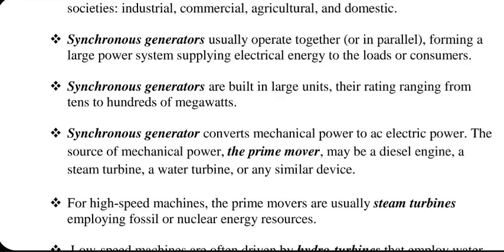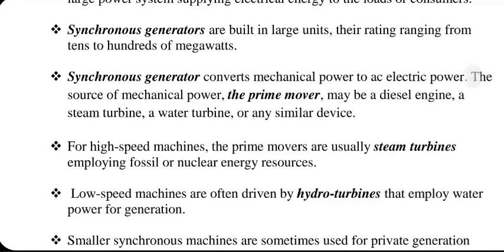They convert mechanical power to electric power, obviously, you know this. For high-speed machines, the prime movers are usually steam turbines. If RPM more than, say, 300 or 400 is needed, you will have to go for steam turbines or gas turbines. Hydroelectric turbines do not give you more than, I don't know how much exactly, but roughly 500 to 600 RPM, not more than that.